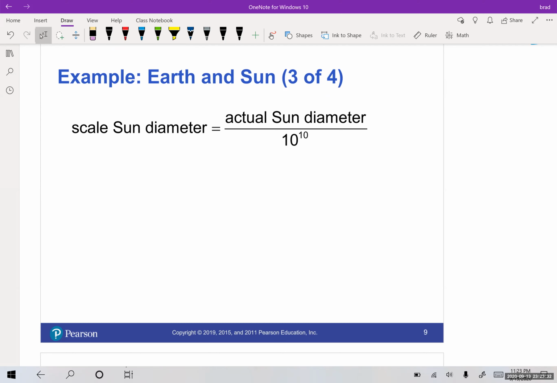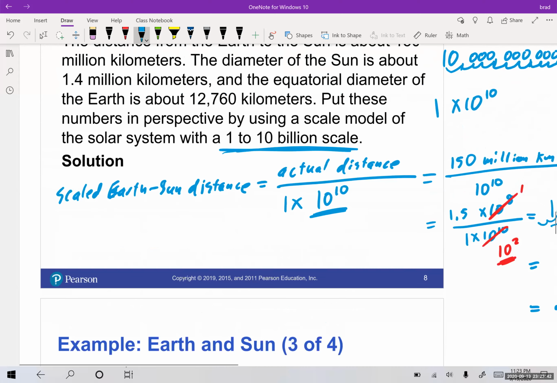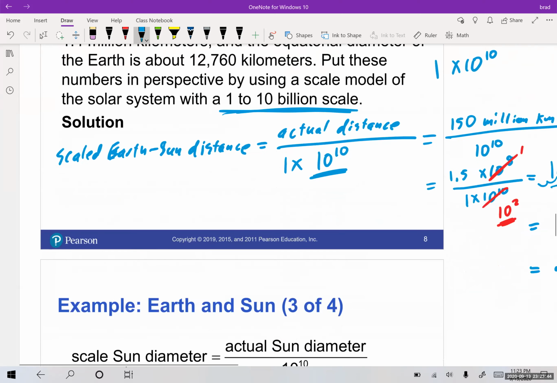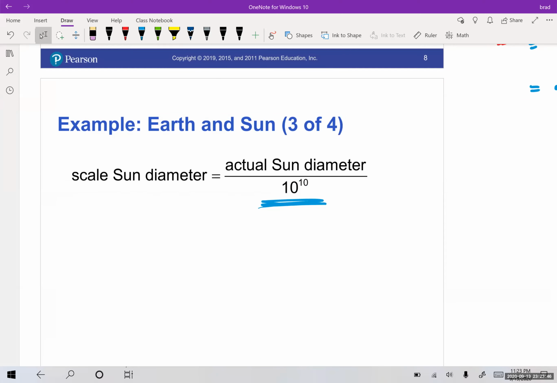The scale of sun diameter is the actual sun diameter divided by 10 to the 10th again. So we're using our 10 billion. This time, the actual sun diameter, if we read the problem, is 1.4 million kilometers. So this is equal to 1.4 times 10 to the 6th kilometers divided by 10 to the 10th.